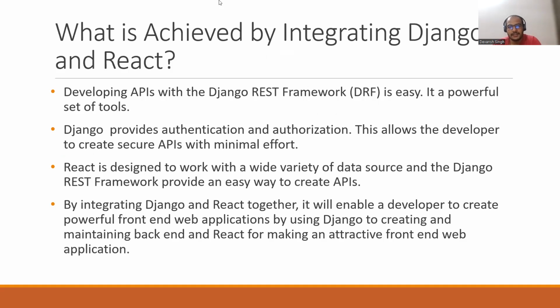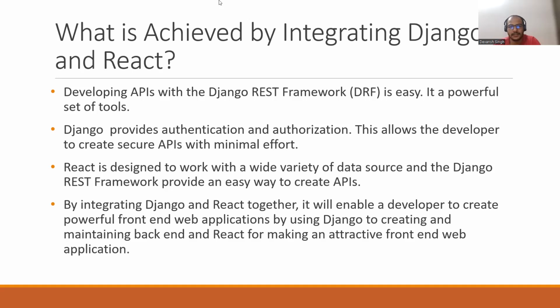This slide is all about what is achieved by integrating both Django and React, developing a powerful set of tools. Django provides authentication and authorization and security features, as I told you in the previous slide.